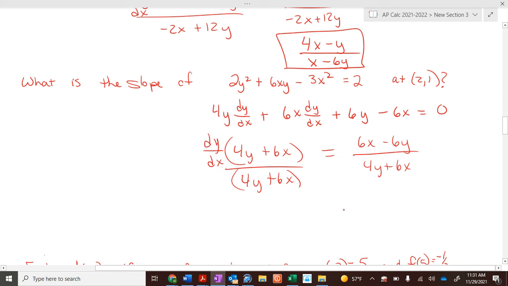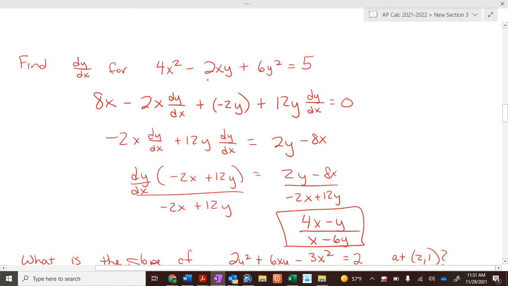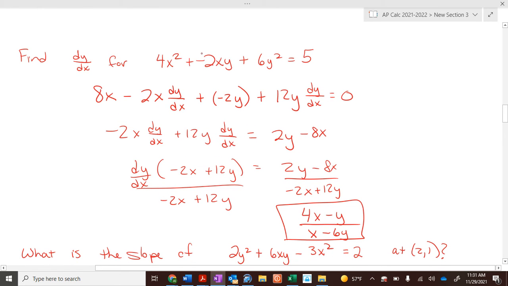When you're done with the problem, you see 6xy, right? How come on the top when it was xy, the y value was negative, and this time it's positive? Because it's a negative in front, so it's like plus a negative there. It's a negative 2x times y.